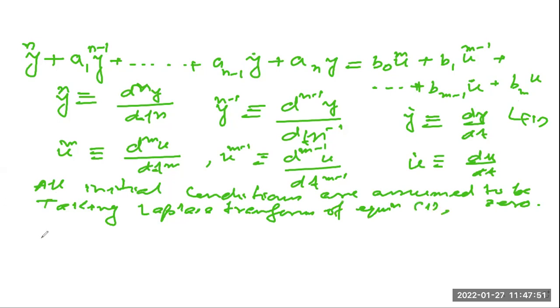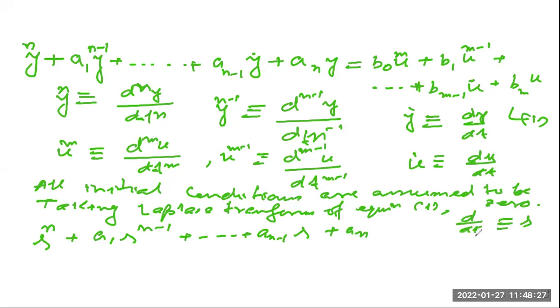You see, y to the power n will be represented with the help of s. So this will be s to the power n plus a1 s to the power n minus 1 plus dot dot, a_(n-1) s plus a_n. Because dy by dt in the Laplace domain is only s, a single power of s.